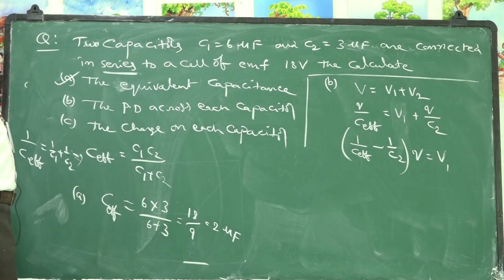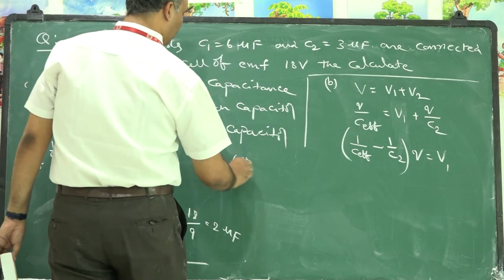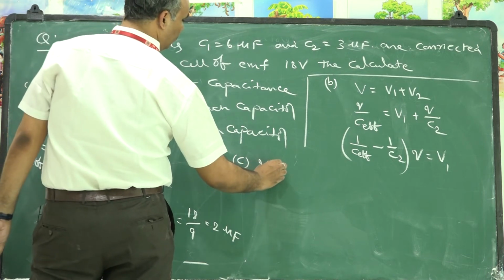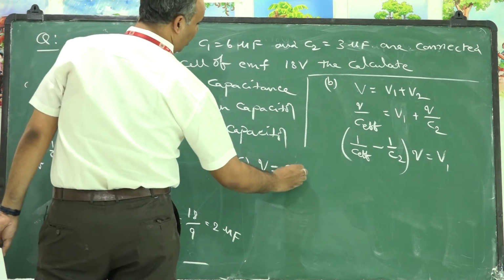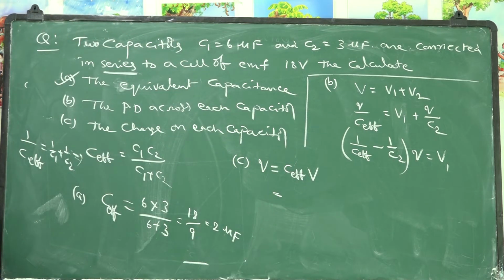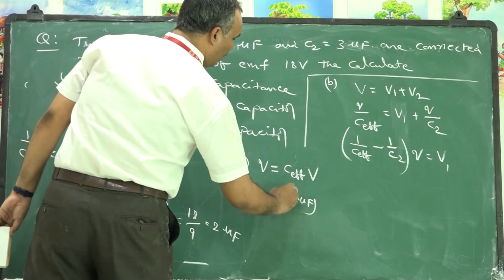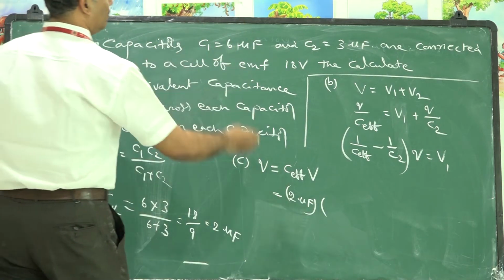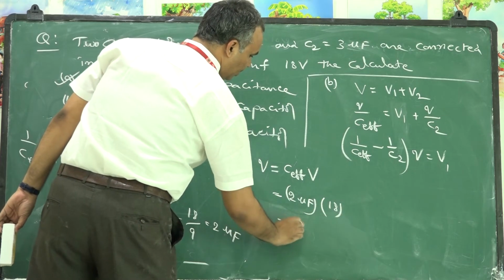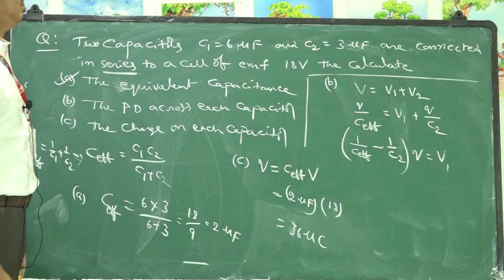How to calculate charge on each capacitor? So first of all we need to do Q is equal to C effective into potential difference. What is C effective? 2 microfarad into applied potential difference 18 volts. So that is 36 microcoulomb is the total charge.